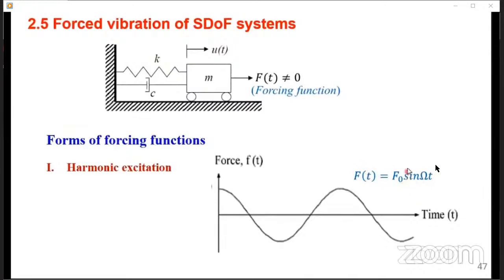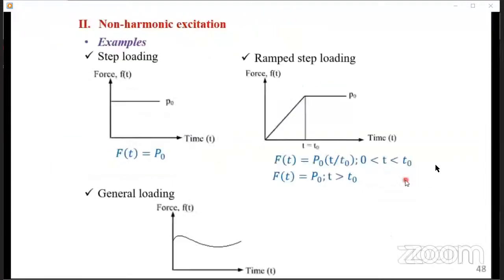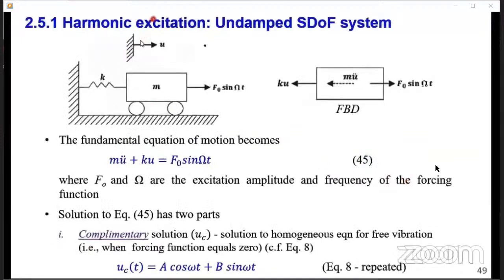This is easier because we can solve these trigonometric expressions. Remember, in our course we are dealing with differentiation so much. We are dealing with ODEs, ordinary differential equations, right? So when we look at this kind of function, we see it is easy, we can differentiate quite easily. And that's why we start with harmonic loading or harmonic excitation.